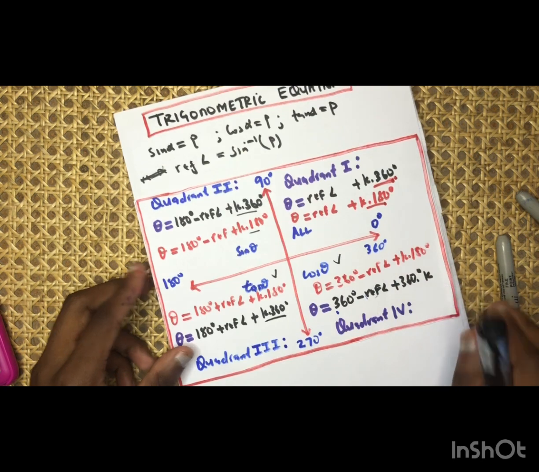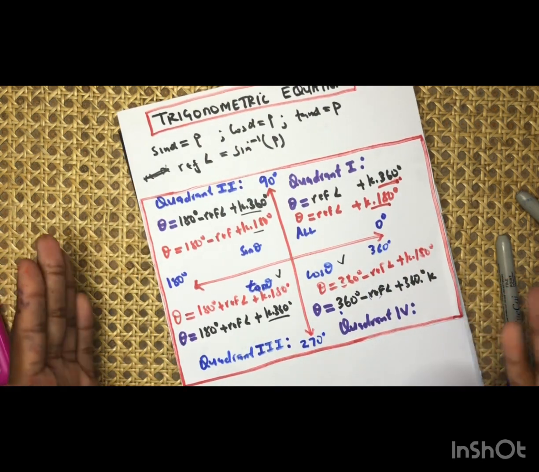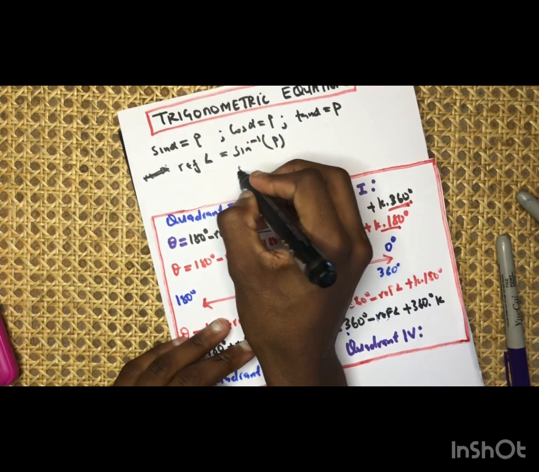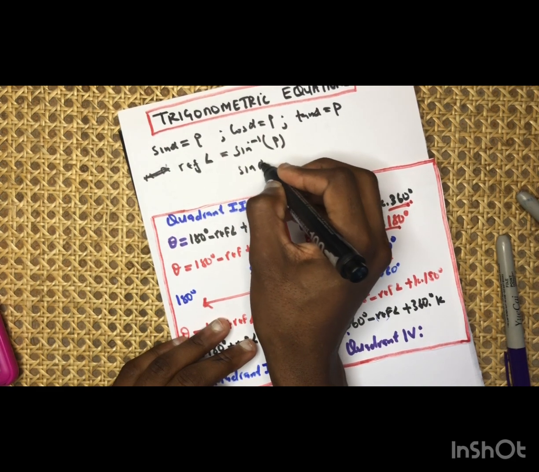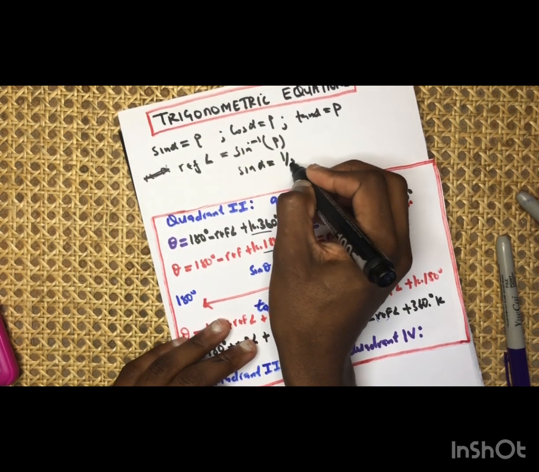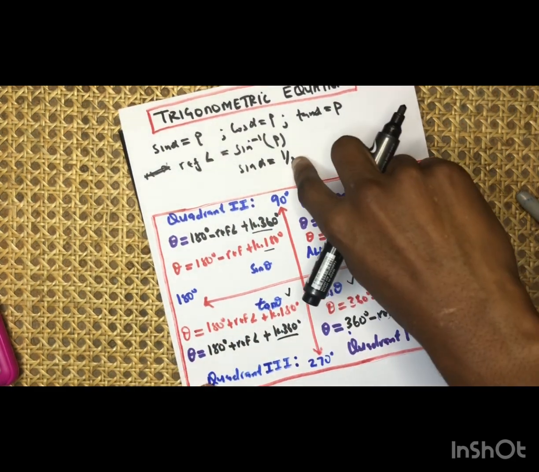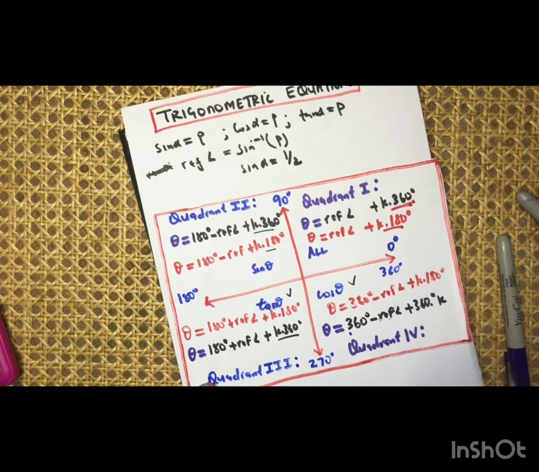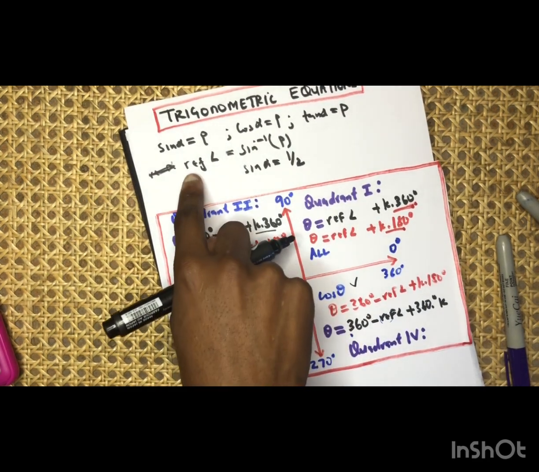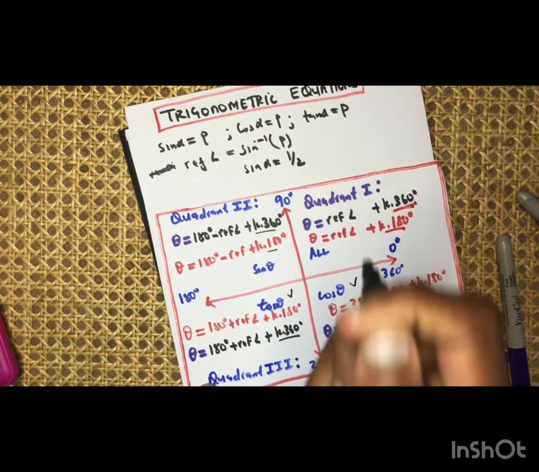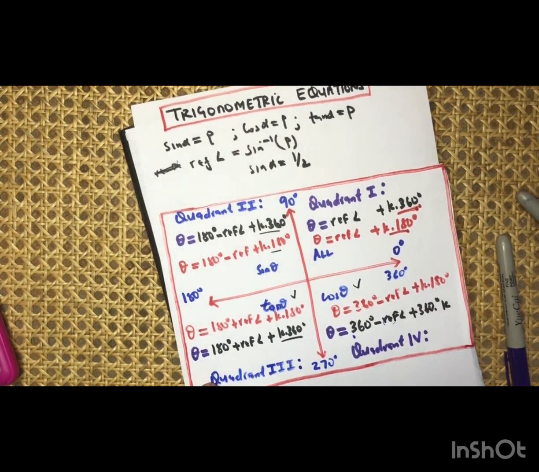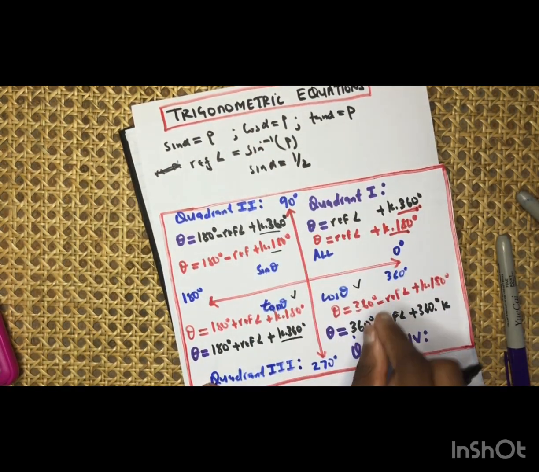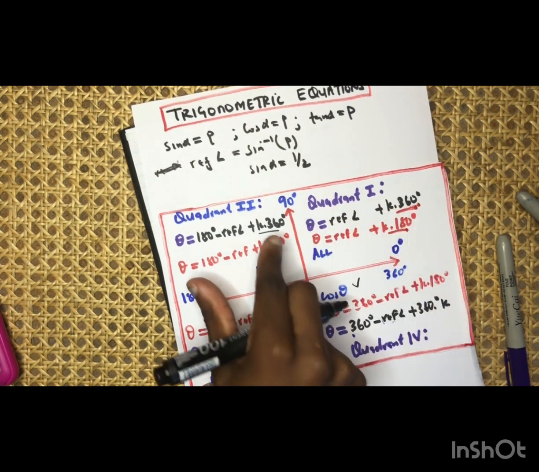Whenever we're working with sine, if we have, maybe, sine alpha is equal to 1 over 2, we know that this numerical value is positive. So the first thing I need to do is get the reference angle, and then I ask myself, where do we find sine positive? We find sine positive in quadrant 1 and quadrant 2.